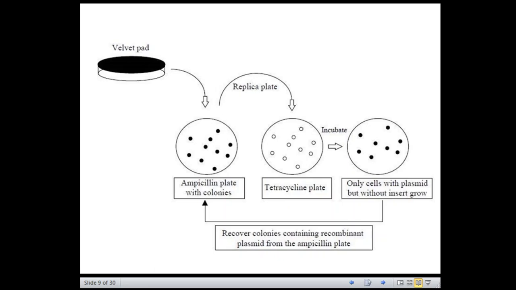Since the BAMH1 site lies within the tetracycline resistance gene, this gene will be inactivated by the presence of insert, but will be intact in those plasmids which have merely recircularized.